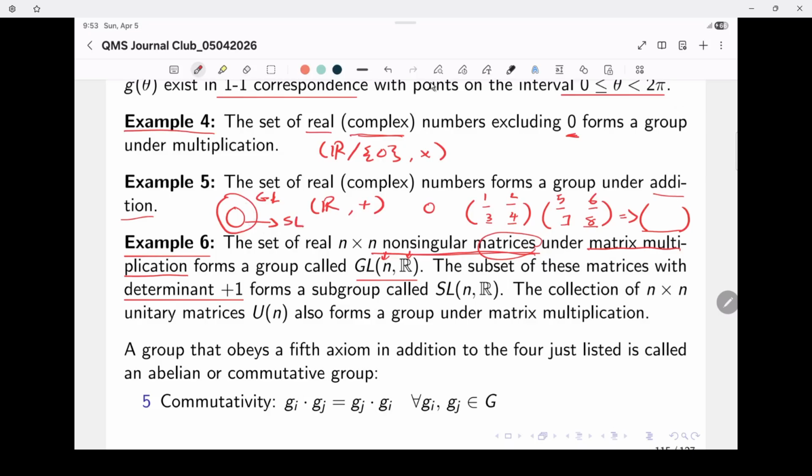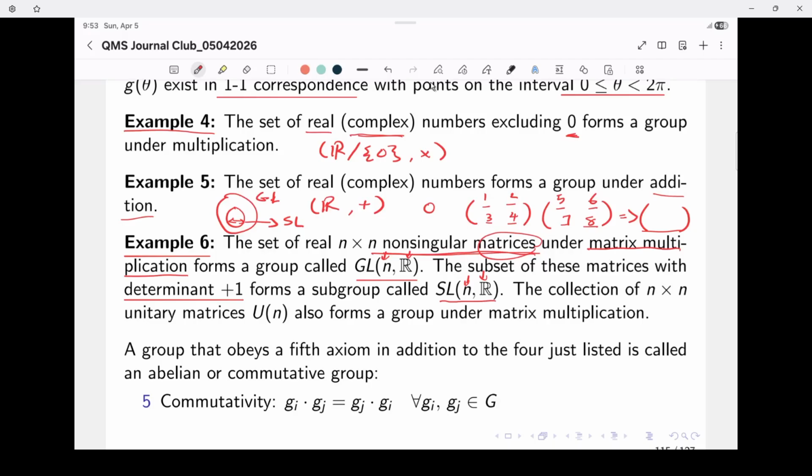When you do matrix multiplication between two matrices with determinant plus 1, they will always land back inside the SL group. That's why this is a subgroup called SL(n, R). SL means special linear. Again, n is your dimension, and R means the entries of your matrix elements are real numbers.